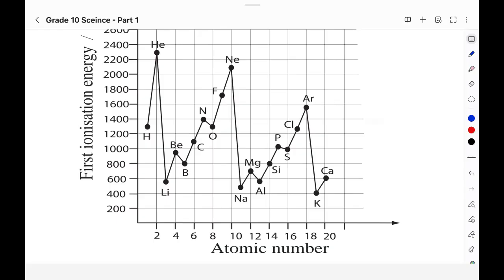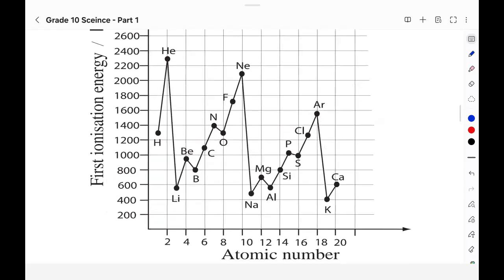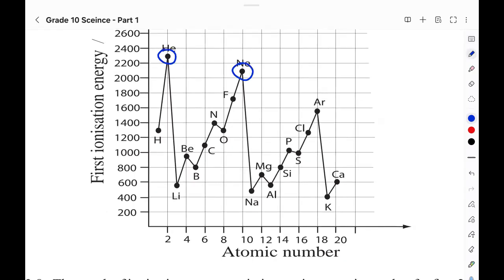There we learn about this first ionization energy graph again, and also the second and third ionization energy graphs. There are reasons why helium comes here, why neon and argon come here, why lithium, sodium, potassium come here, and why beryllium suddenly increases. We discuss those reasons at A-level. I leave that curiosity to you. If you do A-level maths or bio, you will not learn these things.